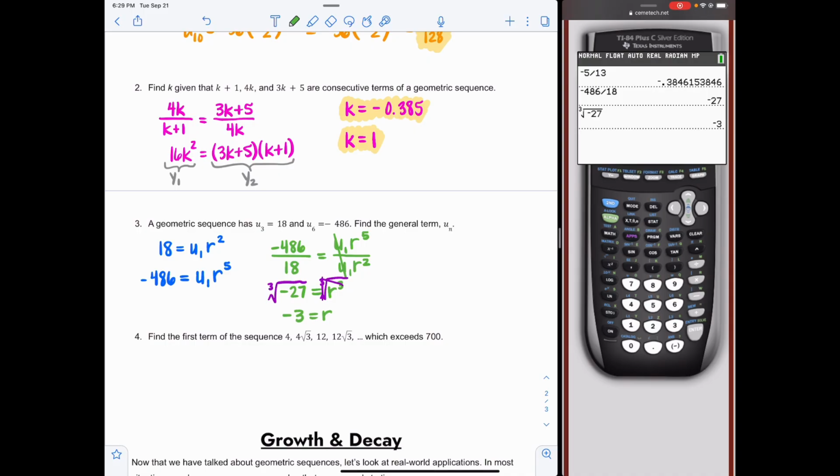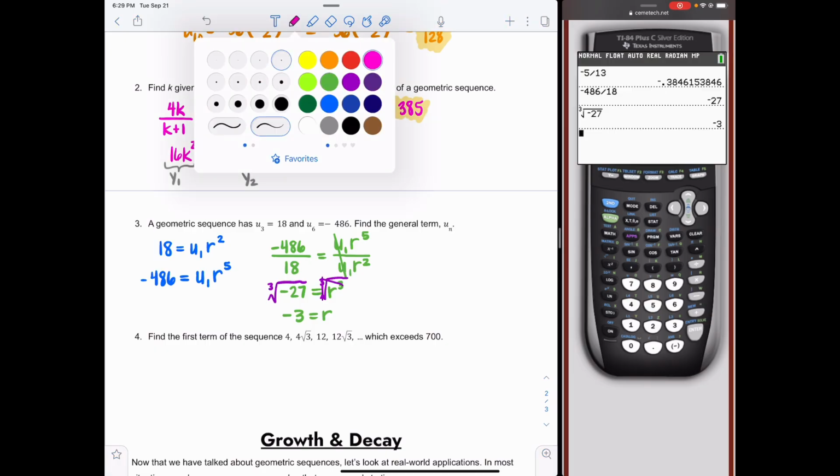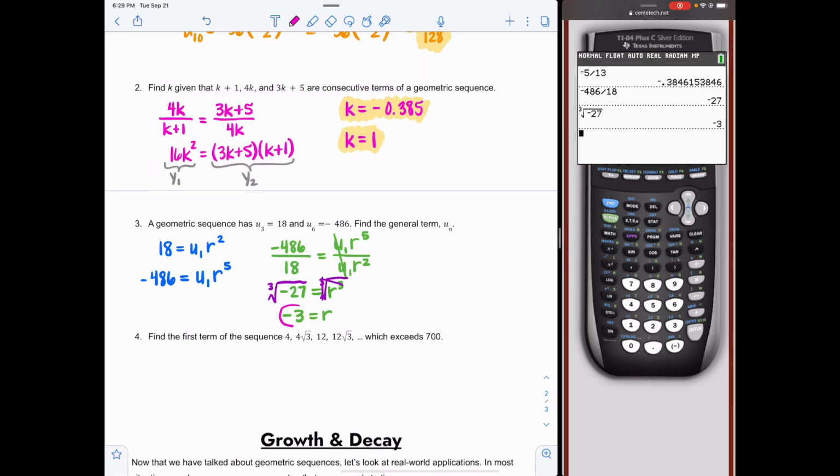Now that I know that r is negative 3, I can substitute negative 3 back in for r in either one of the equations in the beginning. I'm going to use the first one because the numbers are smaller.